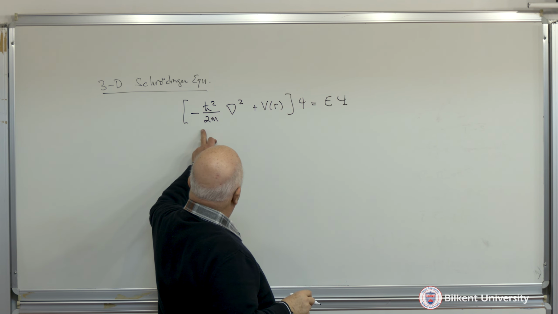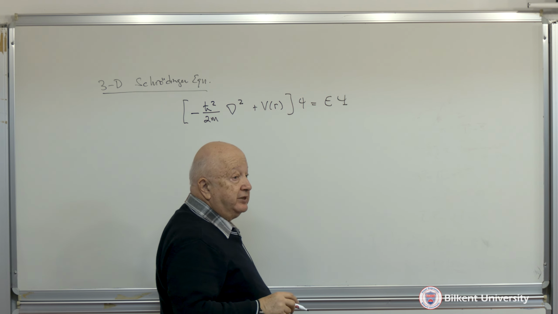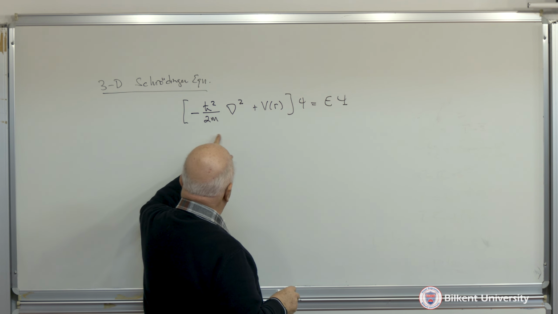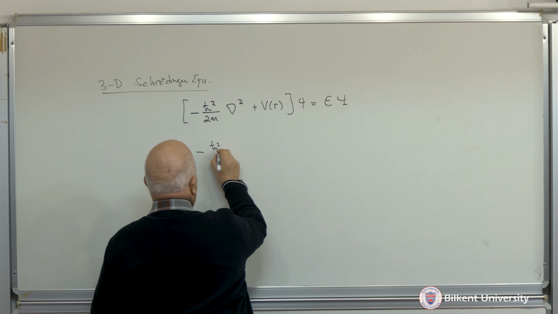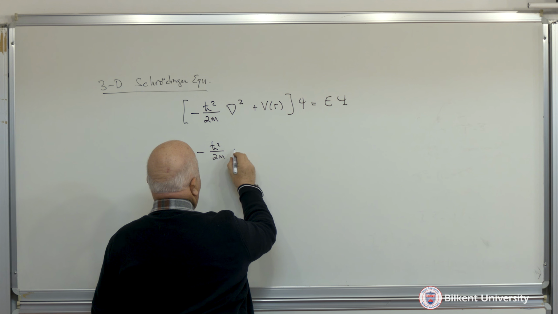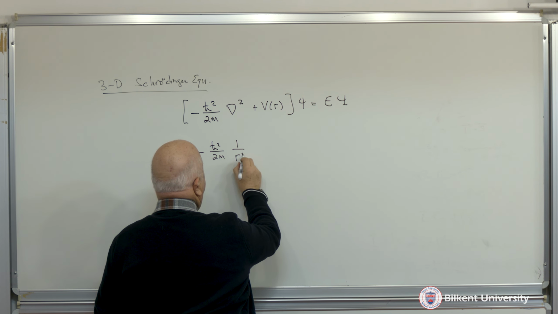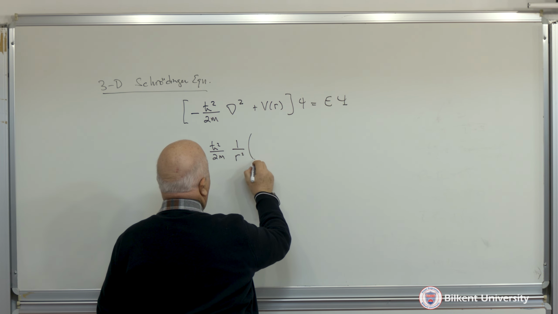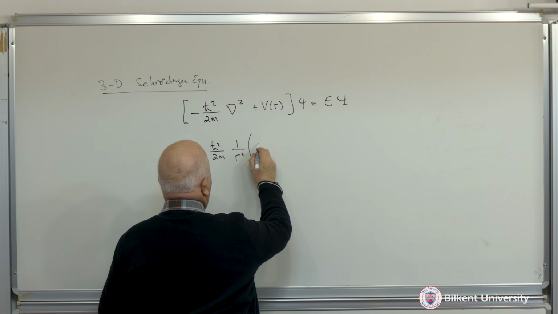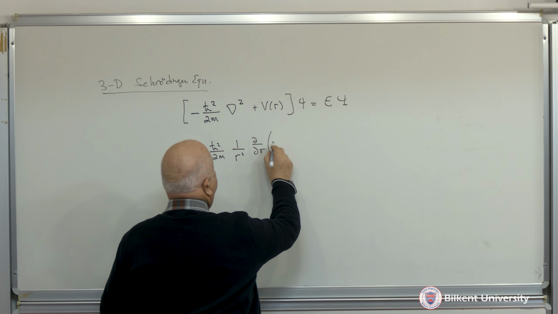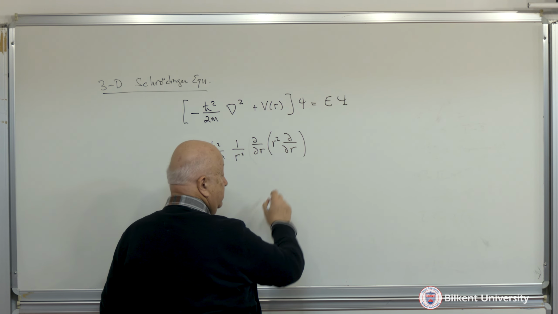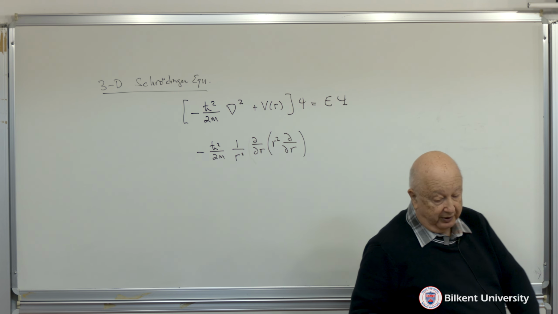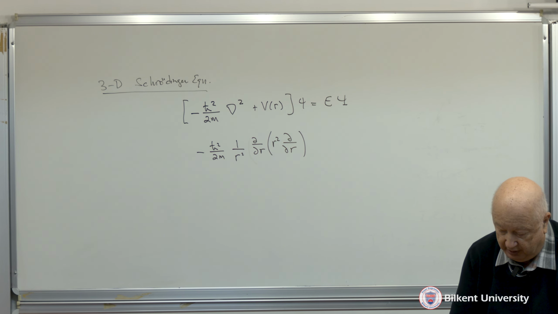Now, when we expanded this piece in spherical coordinates, we had this minus h bar squared over 2m, and there is this radial part, which I hope I'll remember correctly.